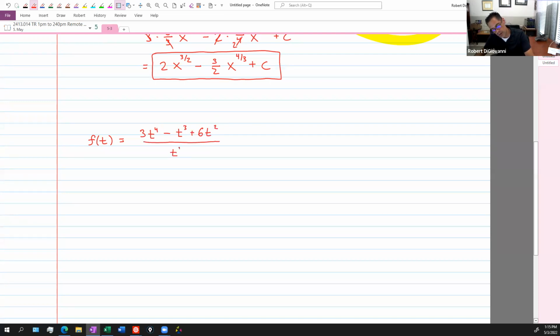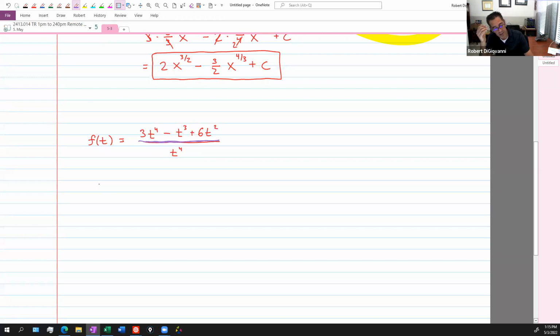So I told you again in class last time that when you have division like this, we do not have a rule yet in terms of how to handle division. The only thing we can handle is if we have x to a power by itself with pluses or minuses between them. This division sign is bad news for us, really bad news. But we get lucky here.